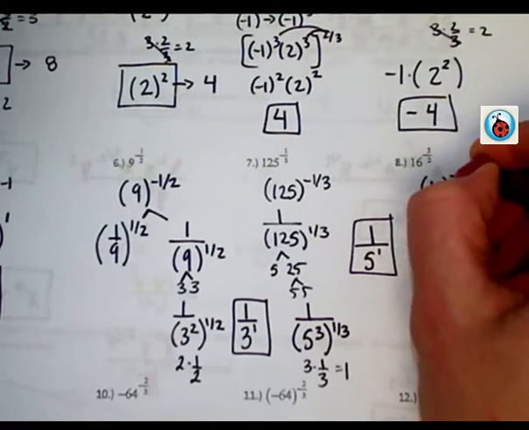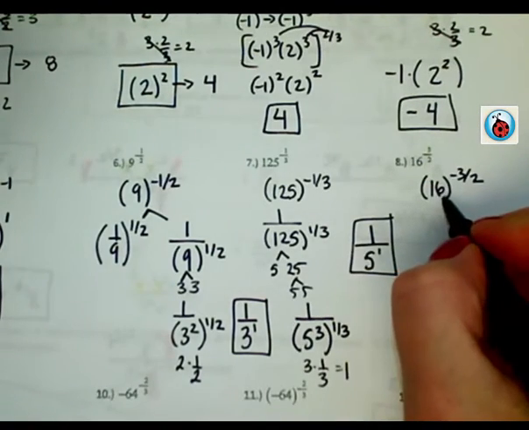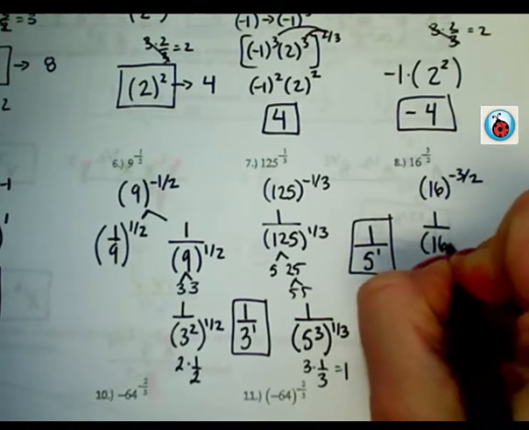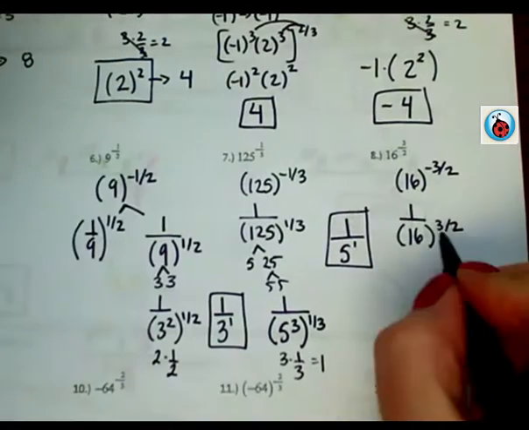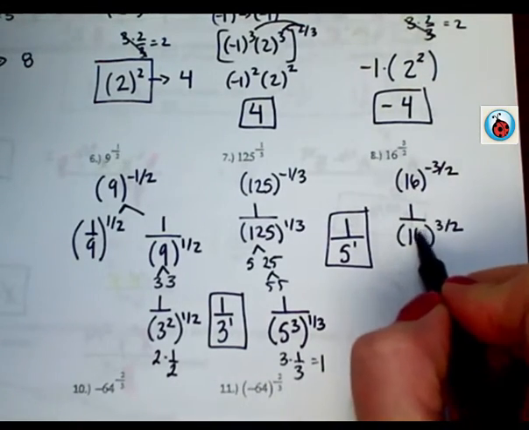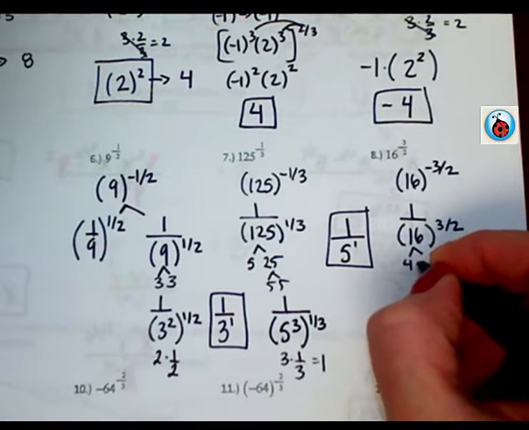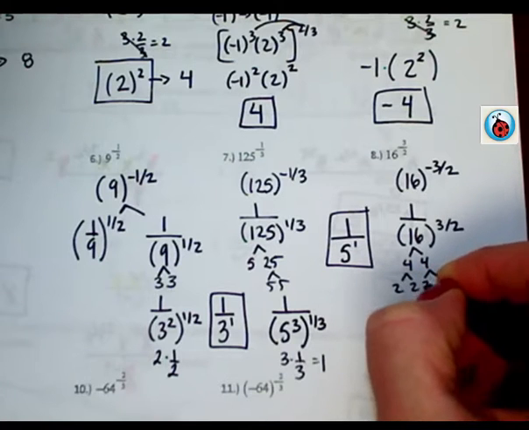16 to the negative 3/2. Okay. So again, I'm going to rewrite this. 1 over 16 to the positive 3/2. Okay, so I'm going to start my factor tree. I know it's 4 times 4, but 4 is also 2 times 2.